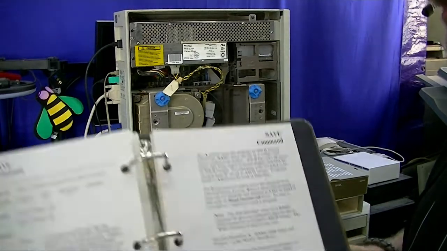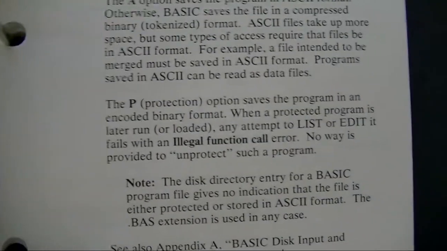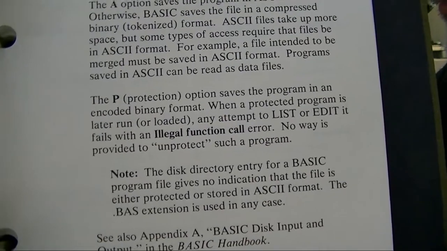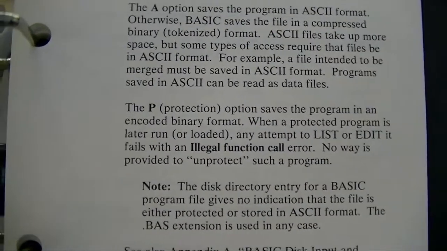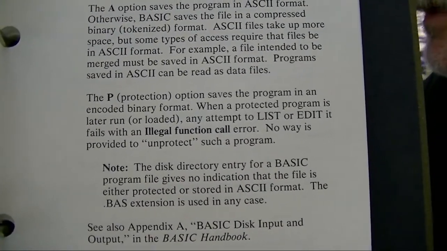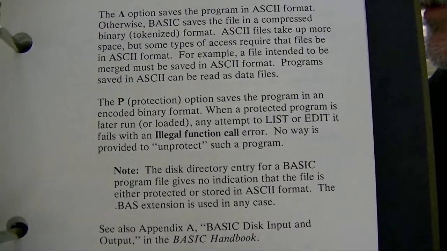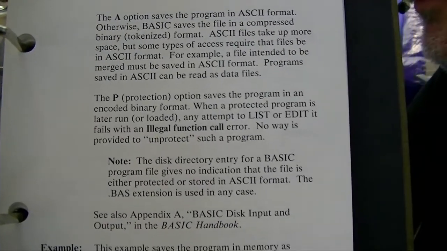And the next entry there, the P protection option, saves the program in an encoded binary format. When a protected program is later run or loaded, any attempts to list or edit it fail with an illegal function call error. No way is provided to unprotect such a program.